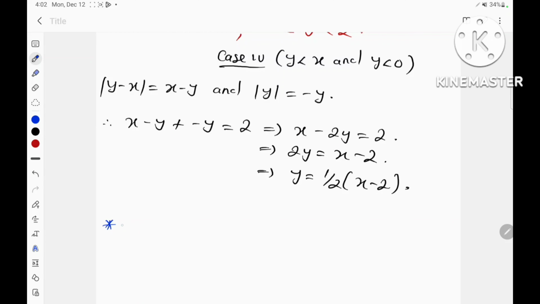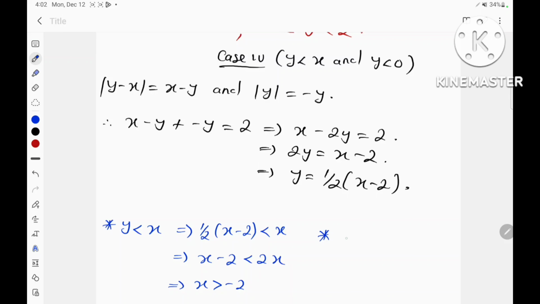But we know that y is less than x. And so this implies that half of x minus 2 is less than x, implying that x minus 2 is less than 2x, which implies that x is greater than negative 2.